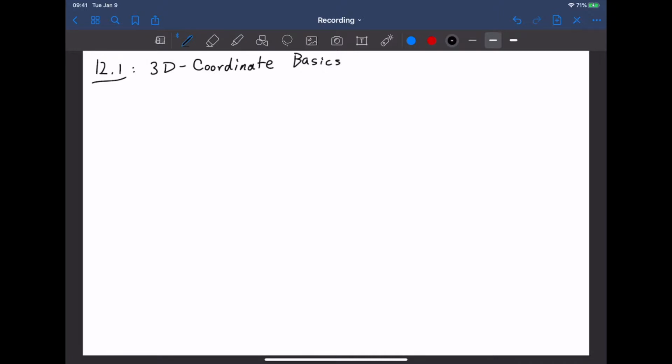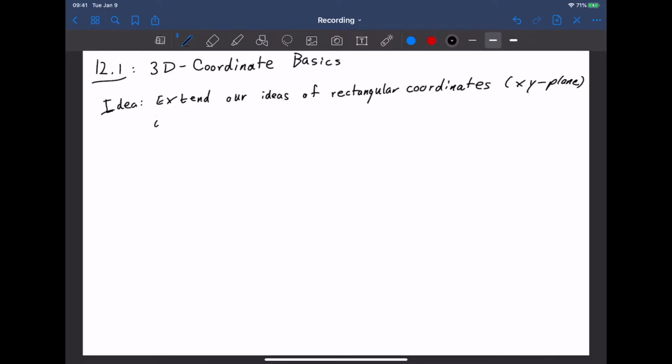The general idea is that since we live in a 3D space, one of the things we most want out of a calculus, out of a mathematics, is to extend our ideas of rectangular coordinates, the XY plane, our XY system, into a third dimension.